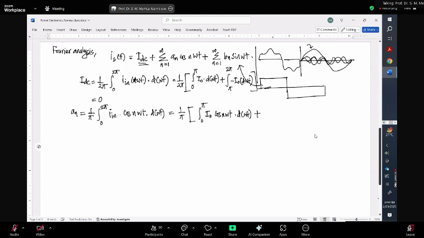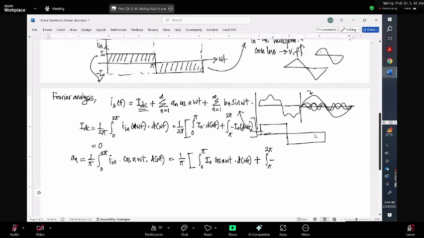And for pi to 2 pi, what is the value of I in? It is minus I naught, right? So it should be I naught cos n omega t multiplied by d of omega t.